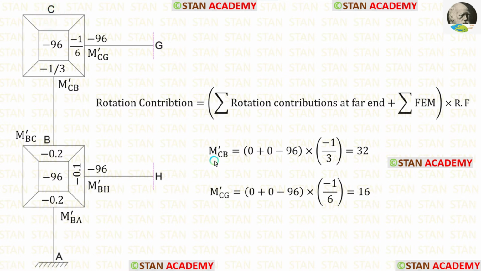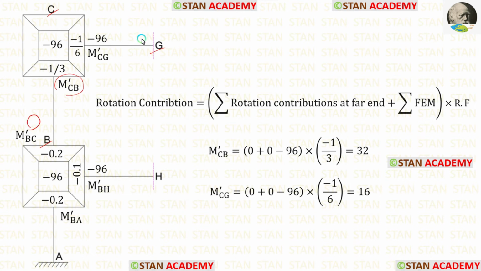First, let us find M'(CB). M'(CB) is located in the joint C. For the joint C, the far ends are the point B and the point G. In the point B, initially the rotation contribution M'(BC) will be 0.